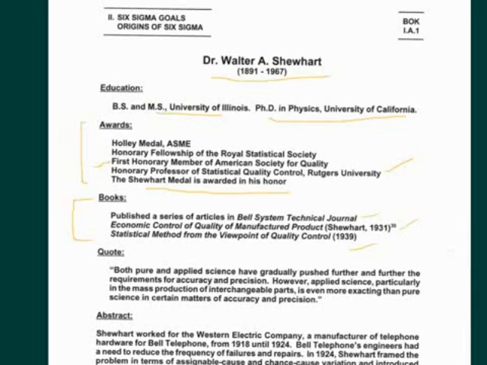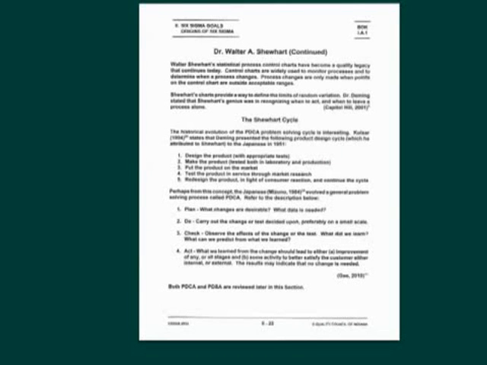Talking about his quote and abstract that you see right here, we're going to discuss that in detail in a while. Slide 3, which is this one, are both reference materials for you to review if you need to do so. So this is still the abstract here, and then we'll talk about his cycle later on. So moving on to the next slide, talking about his famous quote.